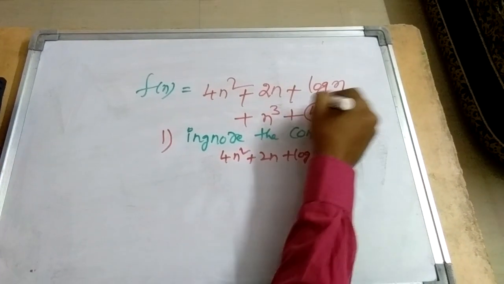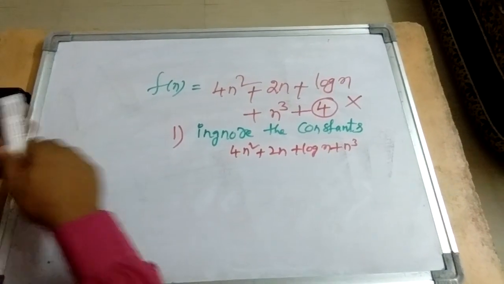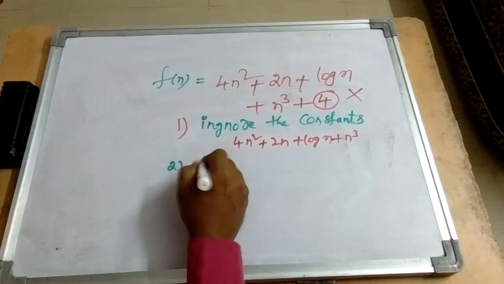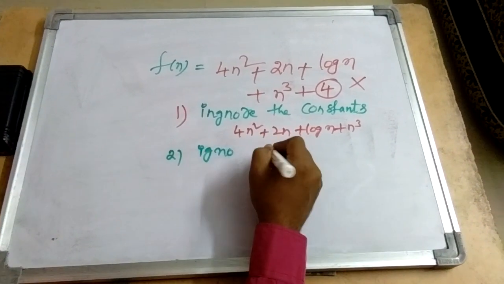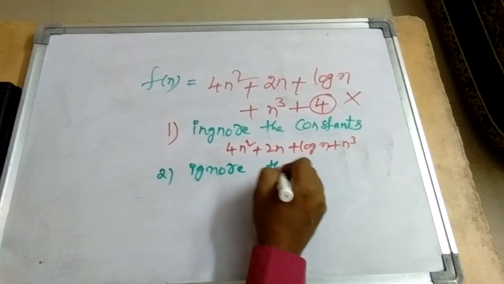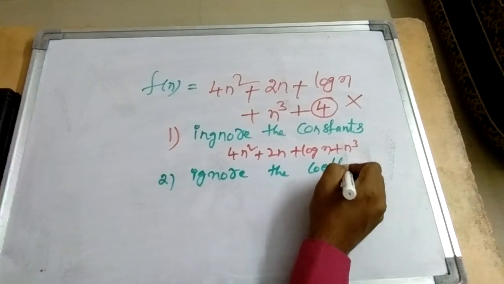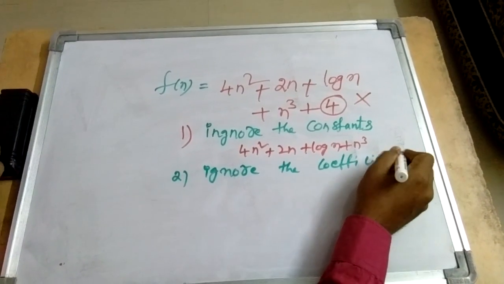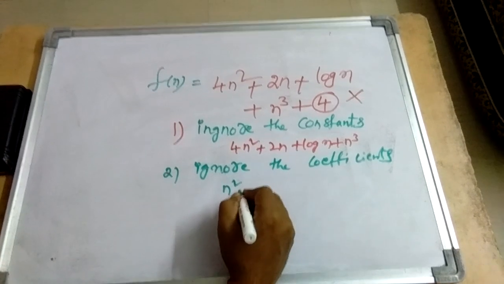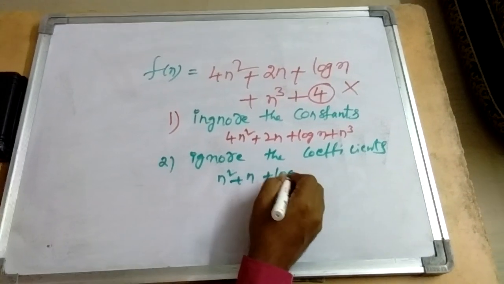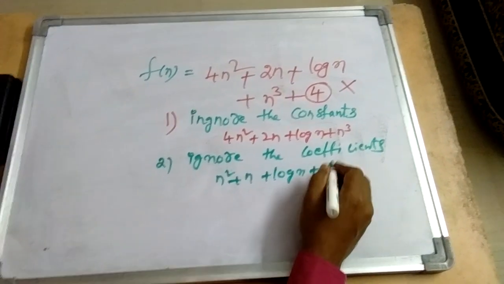So I have ignored this constant. Then the second step is ignore the coefficients. Guys, ignore the coefficients. Then what happens? n square plus n plus log n plus n cube.